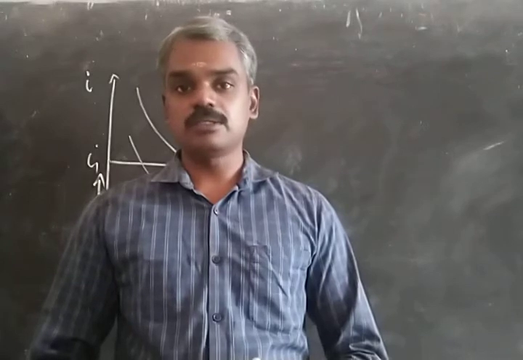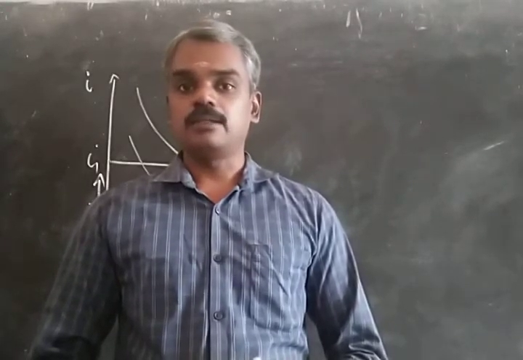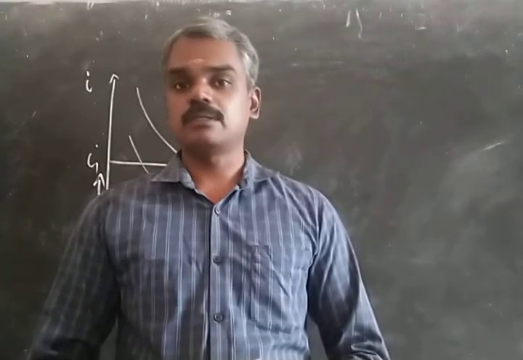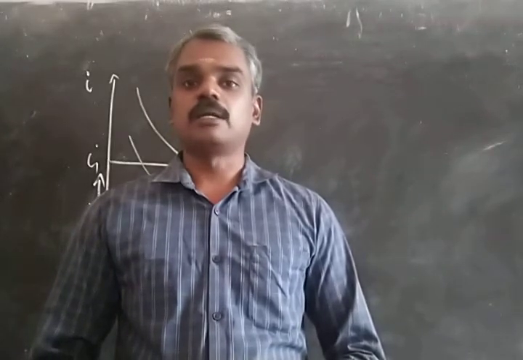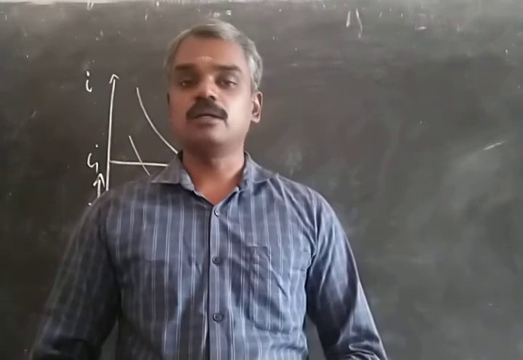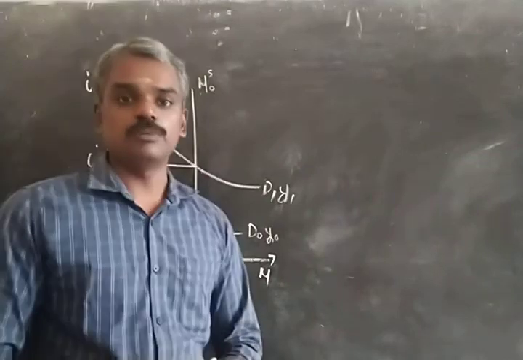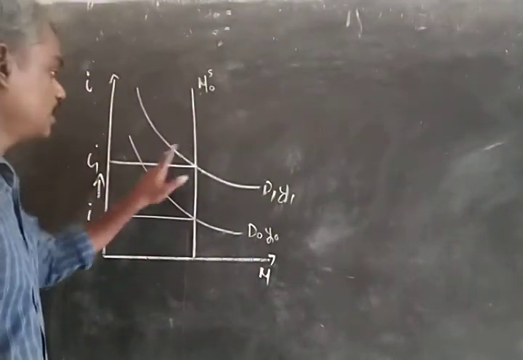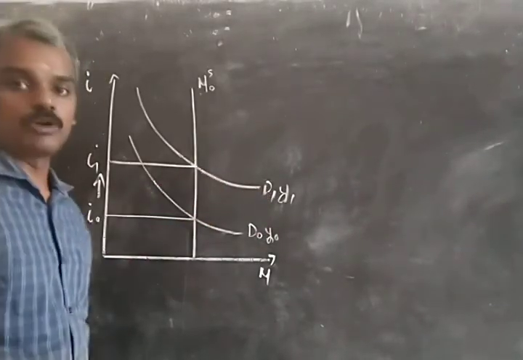When income increases, transaction and precautionary demand increase considerably, so demand for money has to come back to the previous level. This happens through a reduction in the speculative demand for money, and for that the interest rate has to rise. So interest rate rises from I0 to I1, and demand for money at the higher income Y1 is equal to the supply of money.